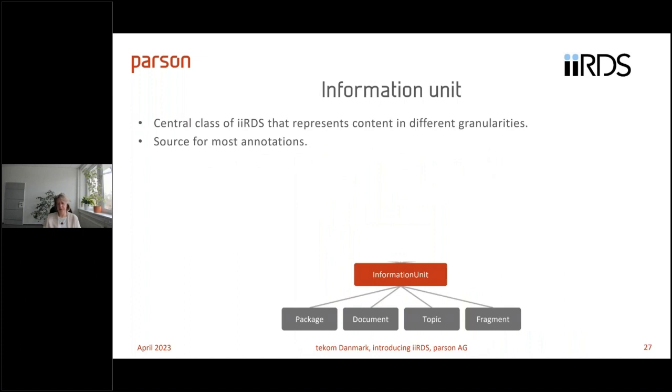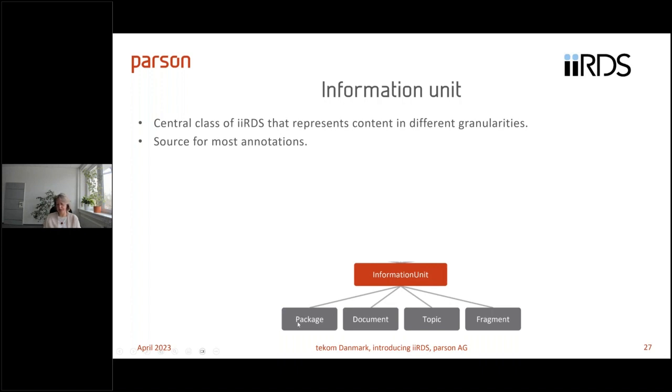The central class of IRDS is the information unit. An information unit is an object where you assign metadata to. And you can assign IRDS metadata to topics, to fragments, to documents, or packages, complete IRDS deliveries.